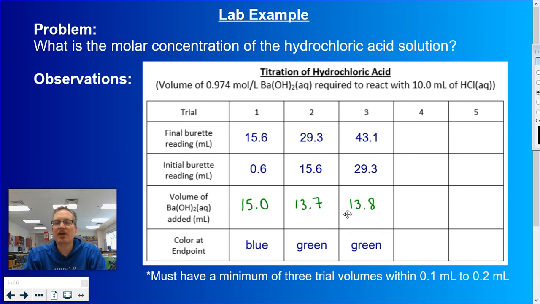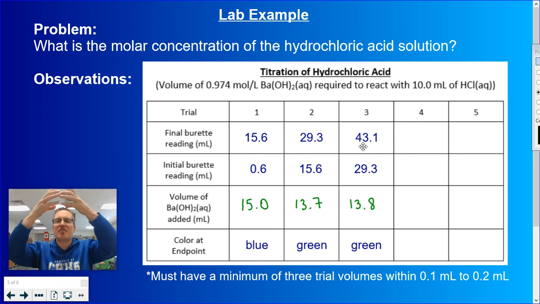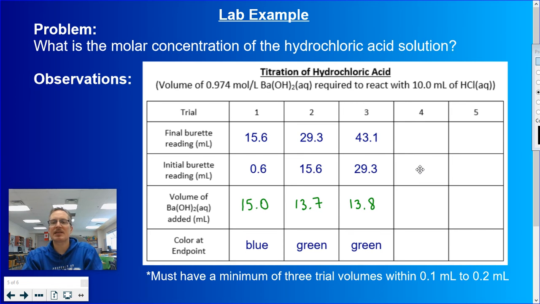Now, given my burette only holds 50 milliliters of solution and it's taking roughly 13.8 milliliters, I do not have enough solution left in the burette to do another trial. So I'm going to take my funnel and pour more barium hydroxide into my burette, fill it back up, but that means I'm going to have to take another initial reading.